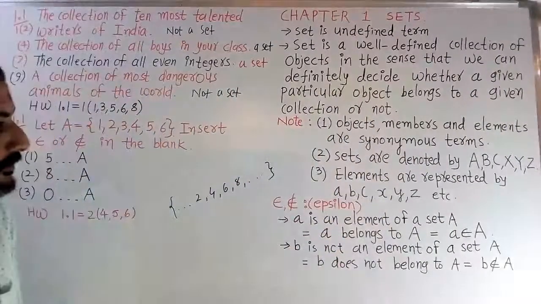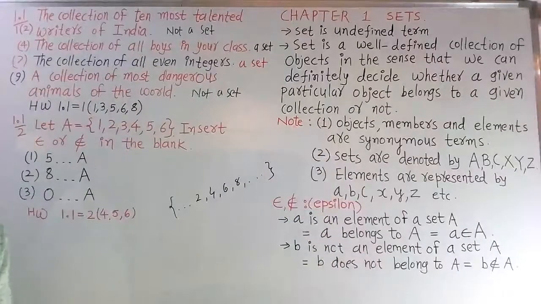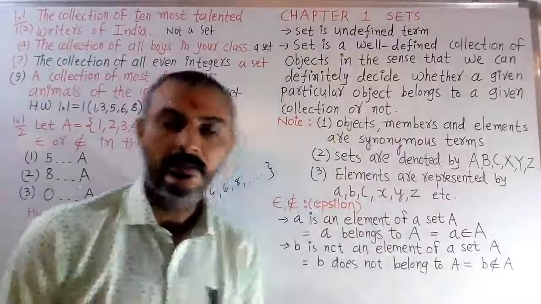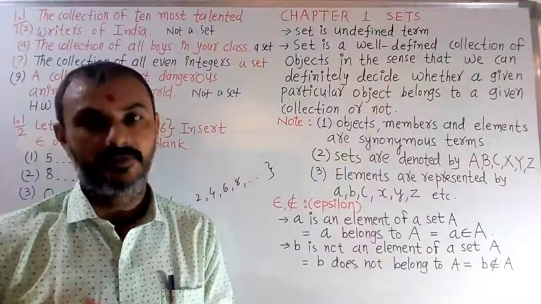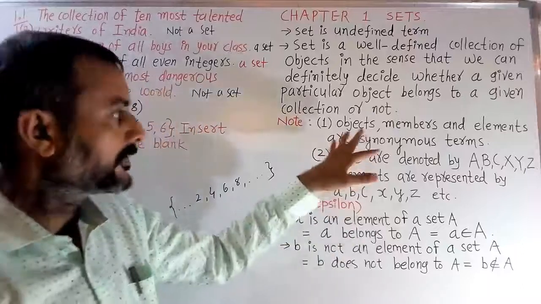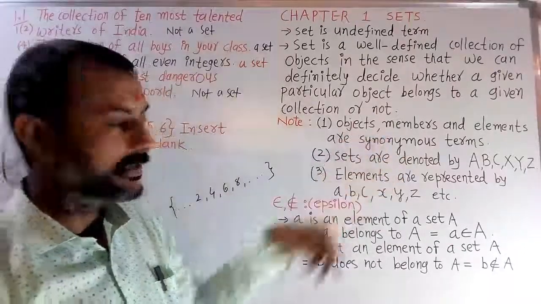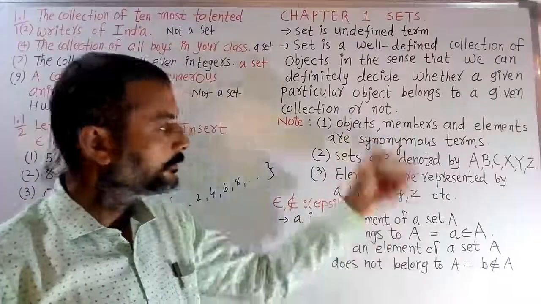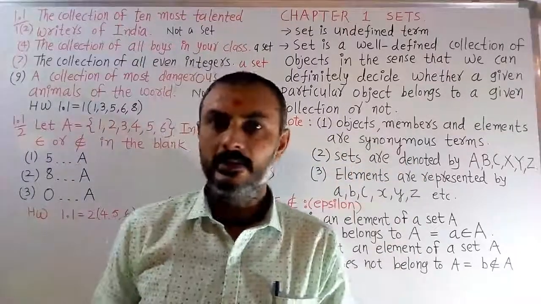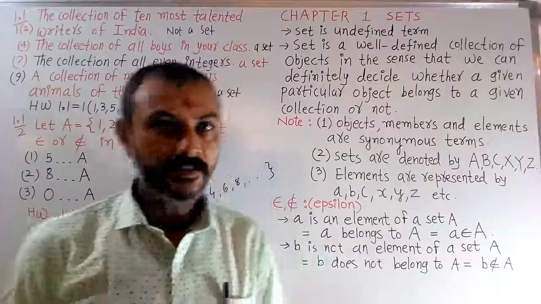3 points are there. First point is objects, members, elements, all are synonymous terms. So for the sets, we can write objects of the set, members of the set, or elements of the set, all having the same meaning. Is that clear?